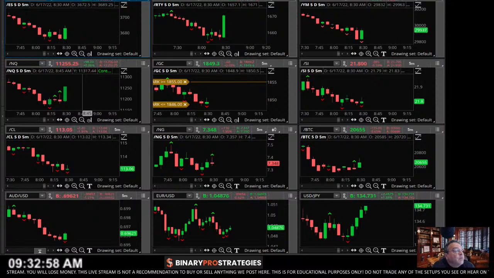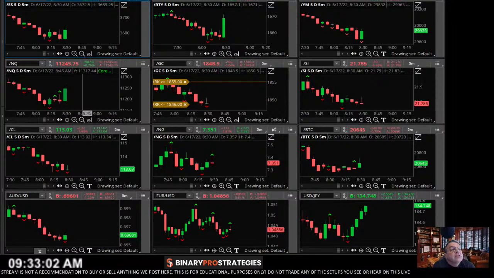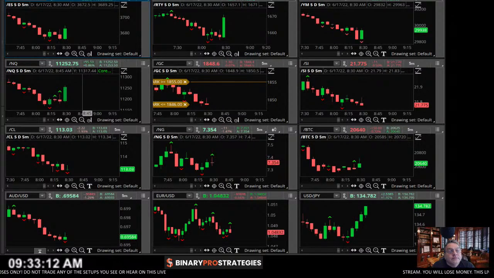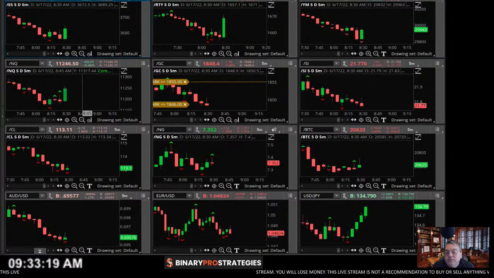Interesting. We are getting a buy right now on the mini Nasdaq. That buy's coming in at 112.57 and a half. Target on that is going to bring us up to 112.95.